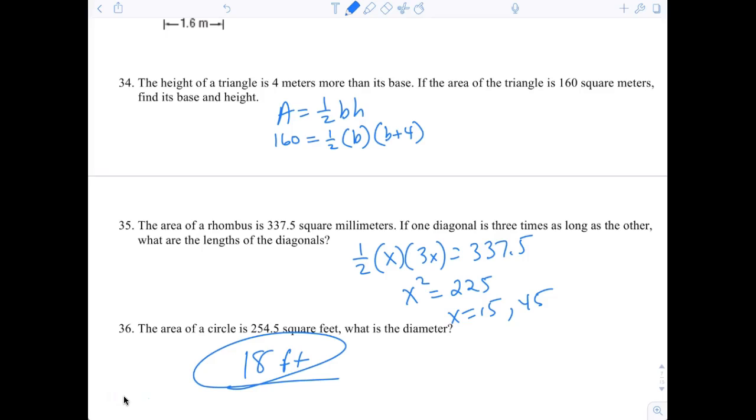So then 320 is equal to b squared plus 4b, right? So b squared plus 4b minus 320 is equal to 0. Does that factor? 16 and 20, right? Is that right? 16 and 20, guys.